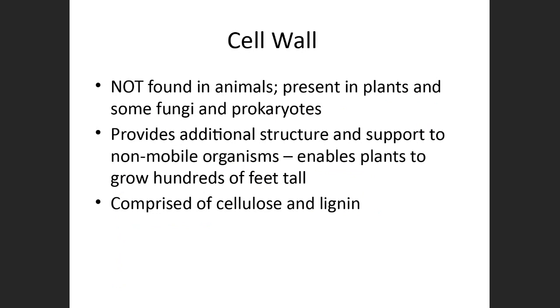They're cellulose. For fungi, it's lignin. For bacteria, it's another structure again. So these are different carbohydrates. So unlike the cell membrane that's made of a lipid bilayer, right, the cell wall is made of a carbohydrate.